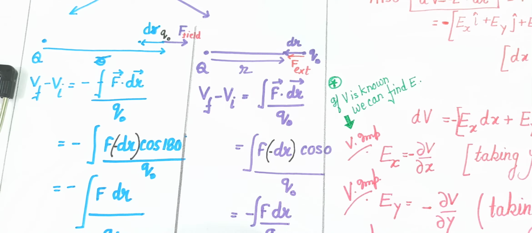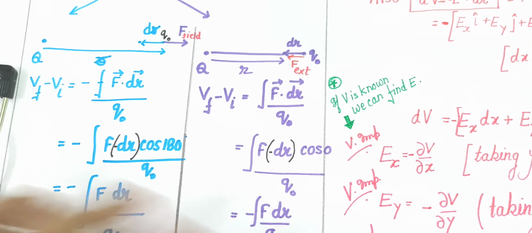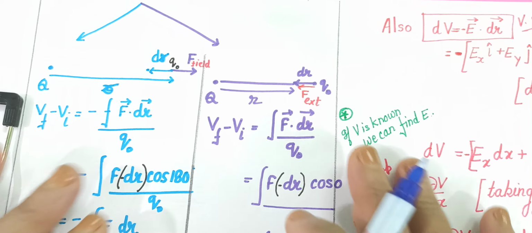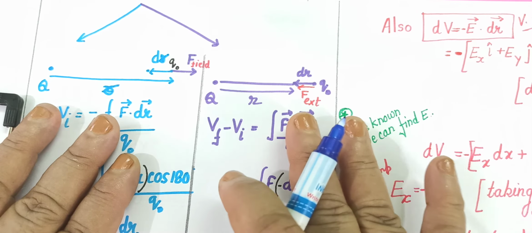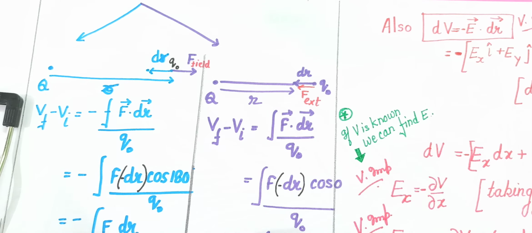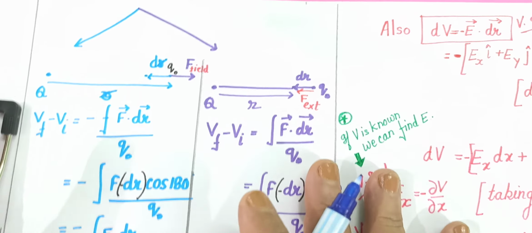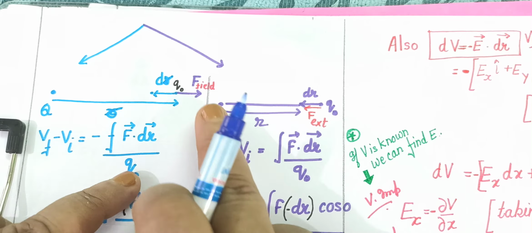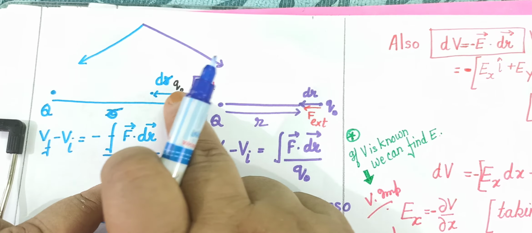And every time whenever we calculate work done, I calculate it with both the formulas, work done by the field and work done by the external agent, just to make it clear that it's not difficult, it is not confusing. So work done when Q naught is displaced.